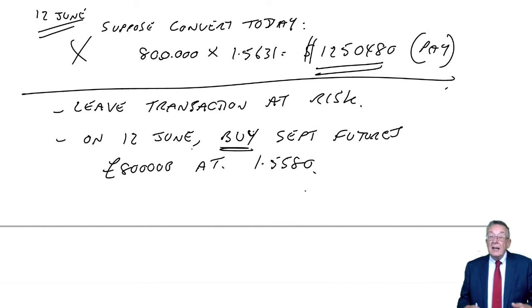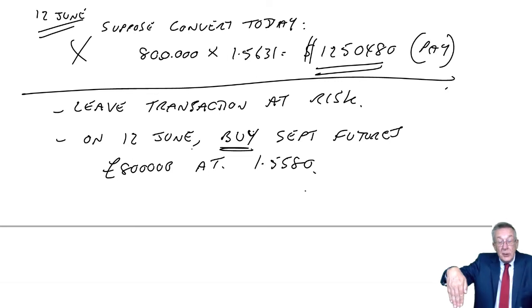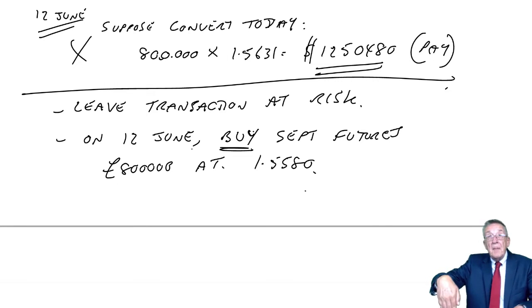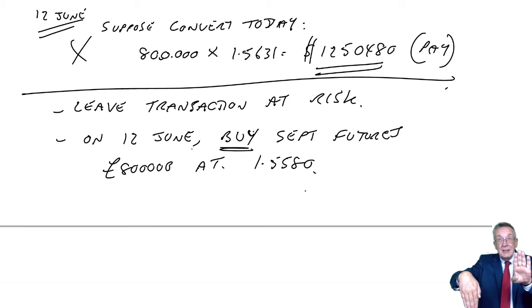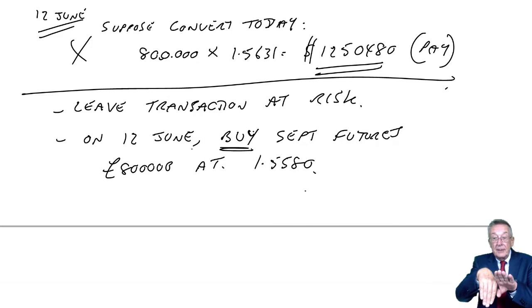And as you'll see, the idea is to have two risks that cancel each other out. If spot goes up, we end up paying more money. We're losing on the transaction. But if spot goes up, futures will go up. We'll make a profit on the futures. And the idea is for the two to cancel out. A loss on one is cancelled by a profit on the other.